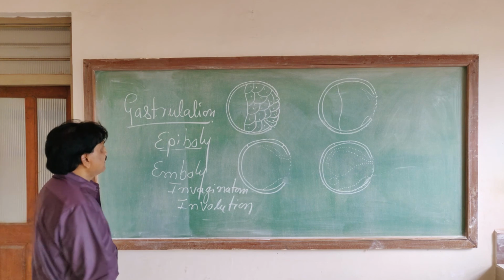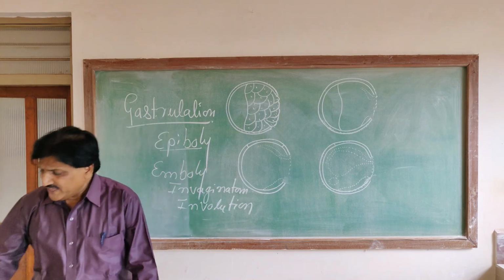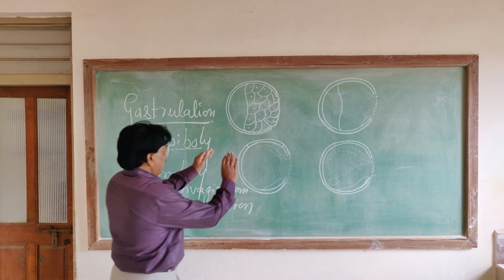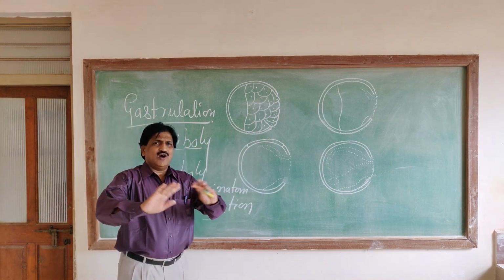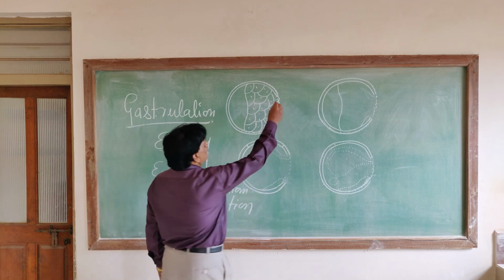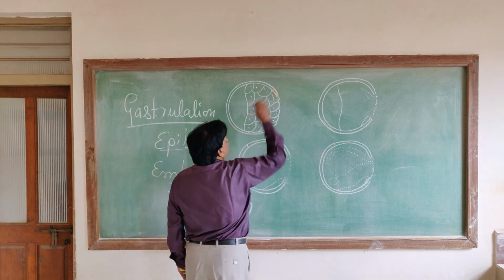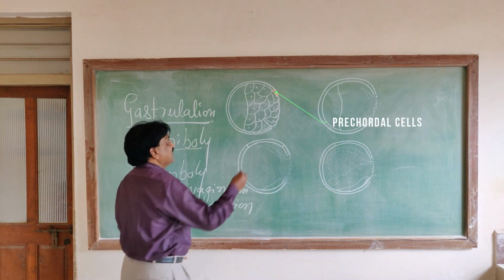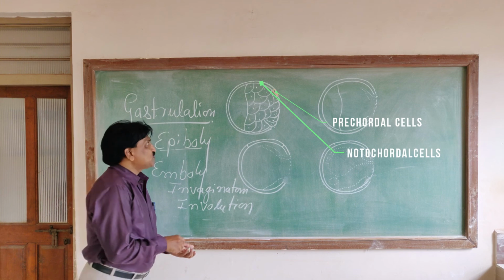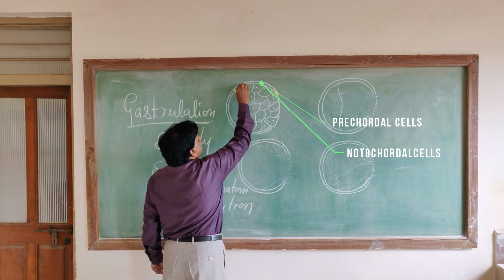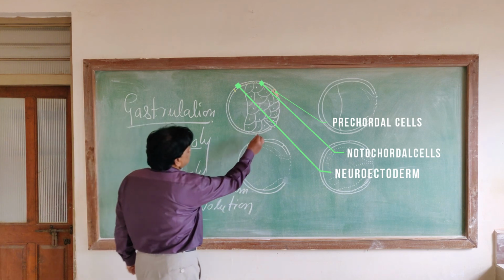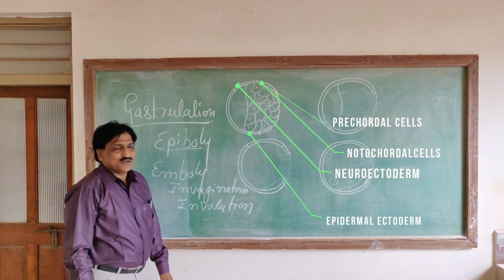Now here, before gastrulation, the areas present on the outer surface of the embryo, for example, are precaudal cells, the next one notocaudal cells, the next one neuroectoderm, and this one epidermal ectoderm.